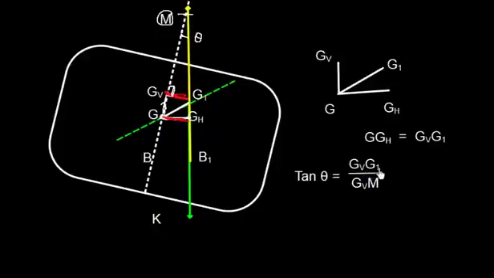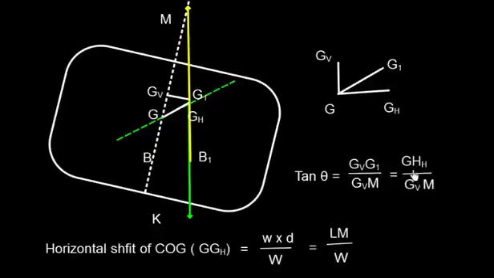So tan theta is going to be GVG1 divided by GVM. Now, since GVG1 is equal to GGH, we may write: tan theta is equal to GGH divided by GVM. This is GGH.